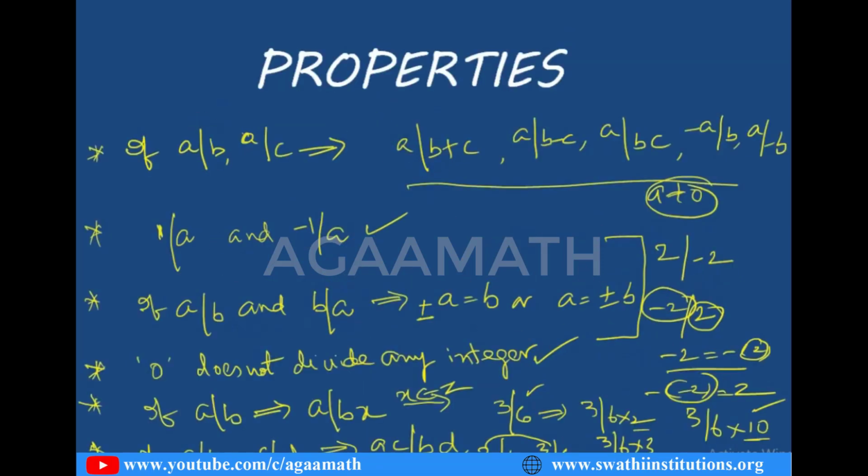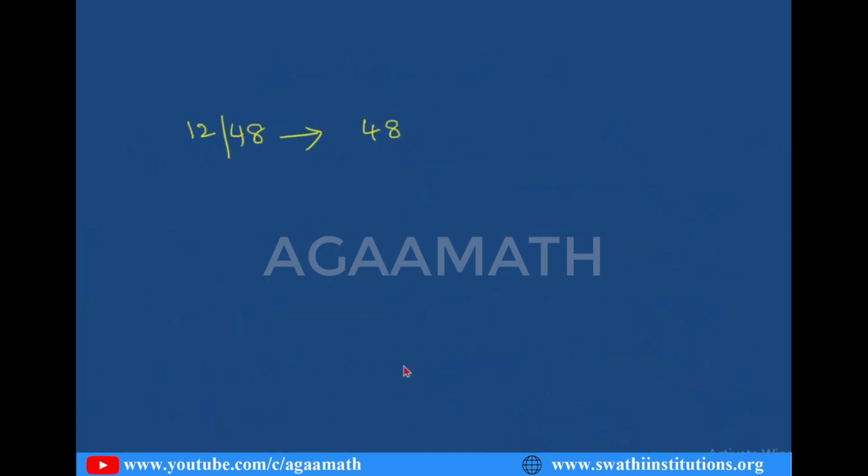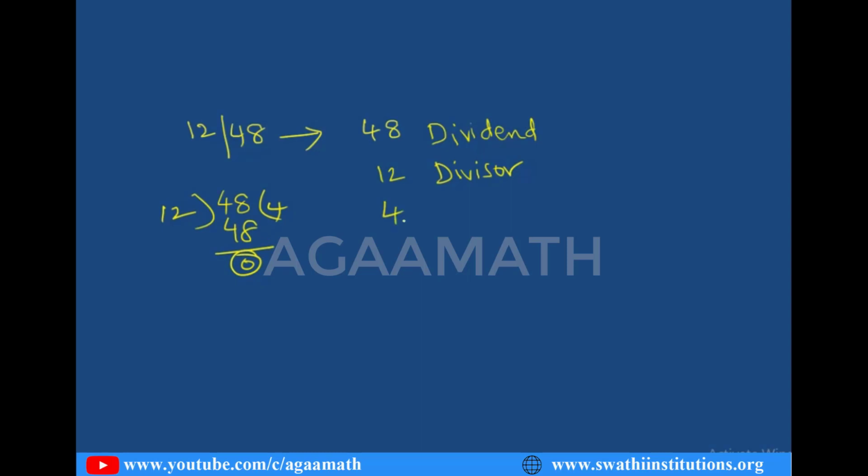Okay, consider one more example. 12 divides 48. Here 48 is the dividend, 12 is the divisor. Of course, if you want to find the quotient, you have to divide: 48 divided by 12, 12 fours are 48, remainder is 0. So 4 is the quotient.